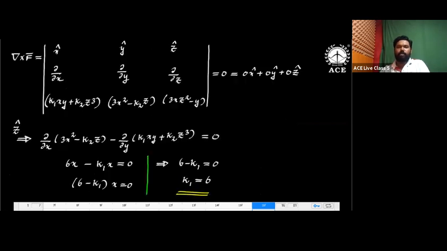Clear? Let us take one more question. I'm going to turn the page here. This was asked for 1 mark in the GATE paper. Simple and straightforward question.